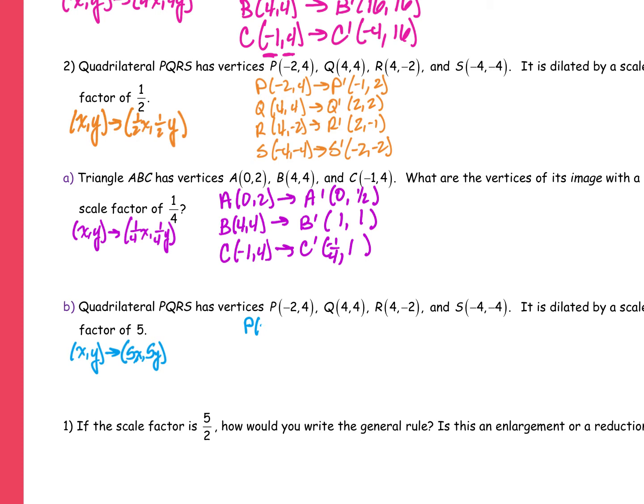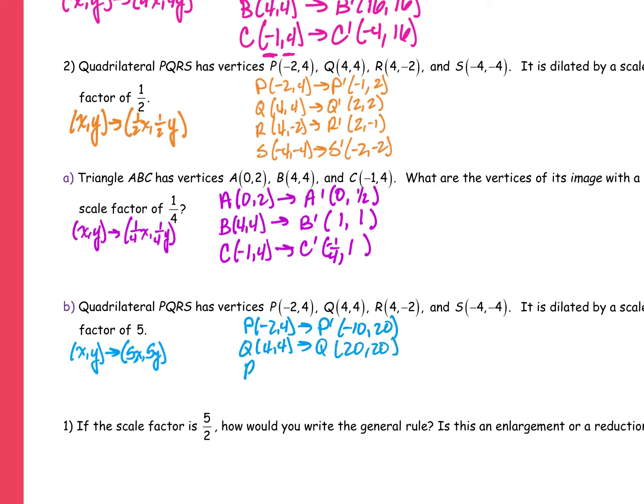Let's try this one more time, you guys. P prime becomes negative 10, 20. Beautiful. And Q is 4, and that becomes 20, 20.